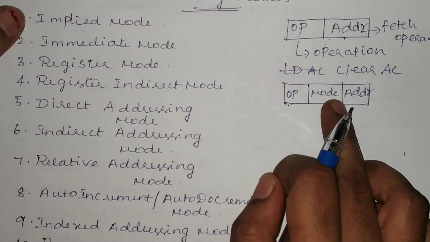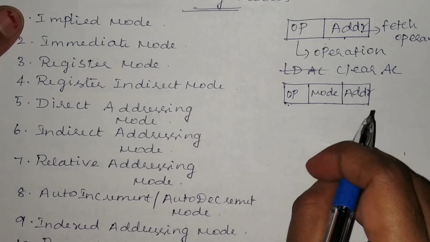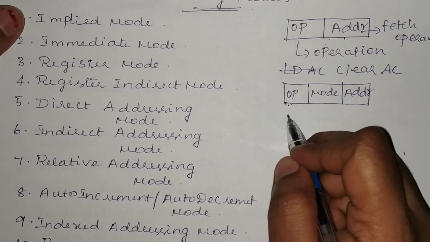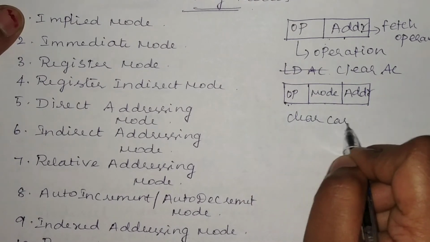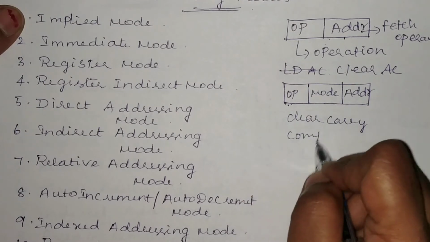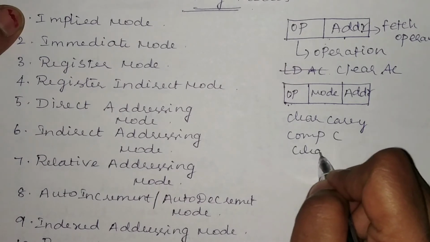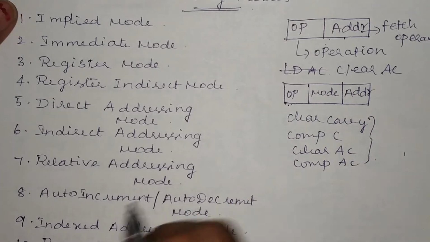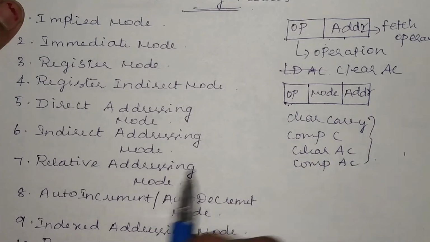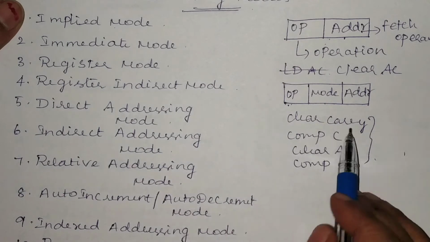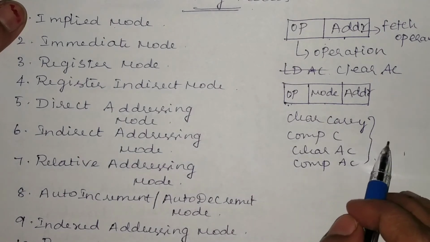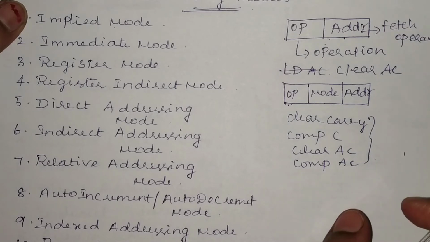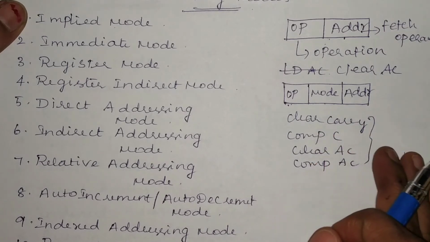Implied mode means you're doing some operation and the operand is implied in that instruction itself. For example, clear carry, complement carry, clear accumulator or complement accumulator. These are some very good examples of implied mode, which means it does not need any operand stored in memory or in a register.